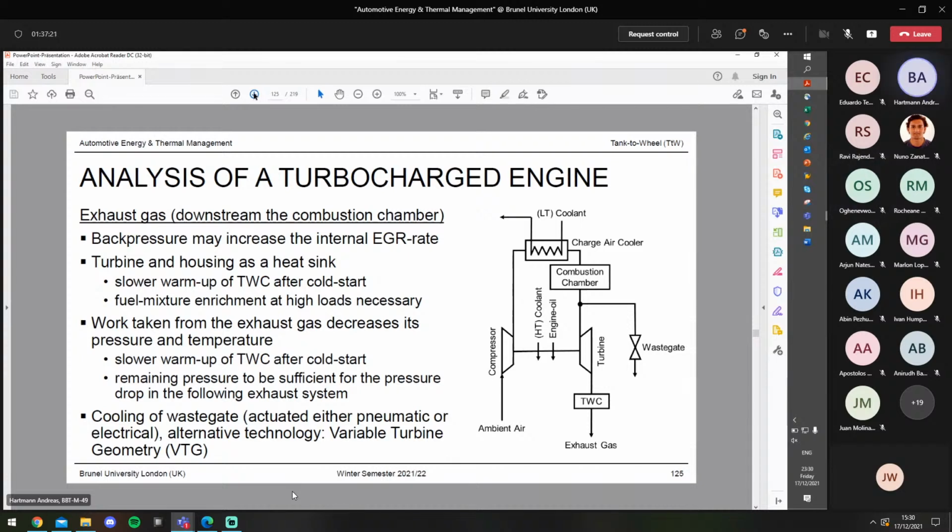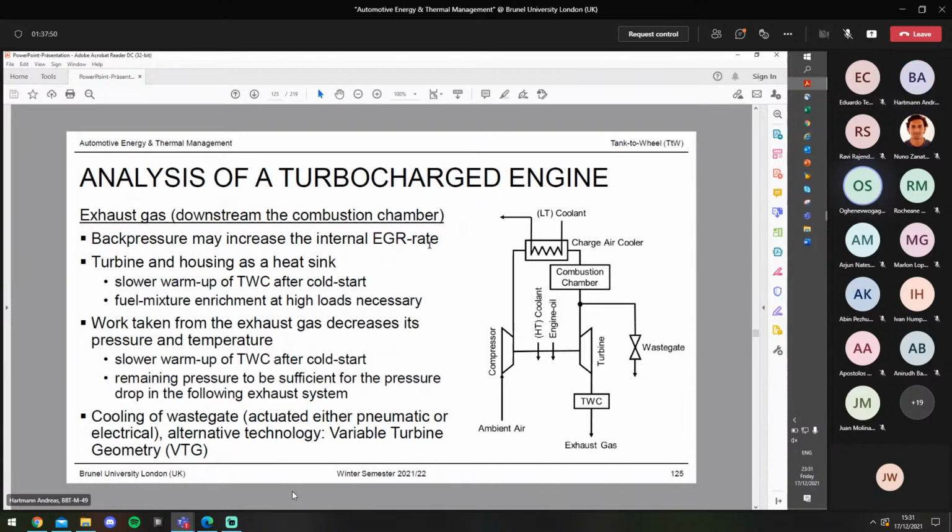Okay. And which components do you need to apply turbocharging? So can be seen here on the diagram on the right. So which components does the turbocharger consist of? A turbine and a compressor. Okay, and what else? What else do you need in order to control the turbocharger?